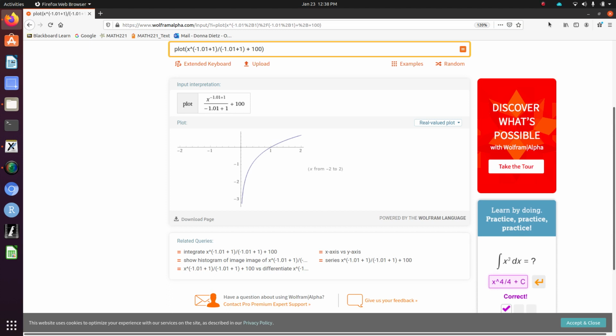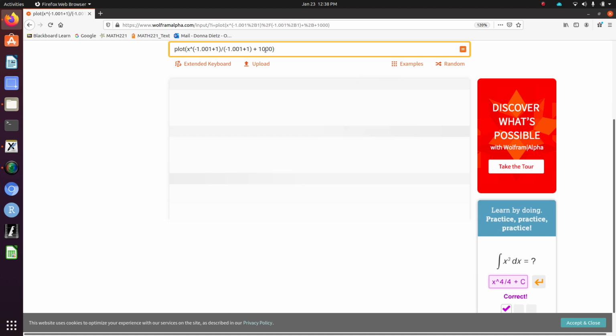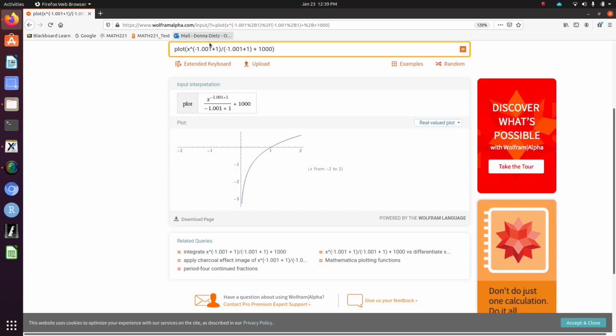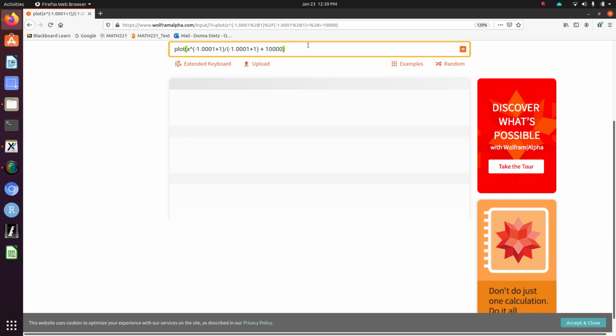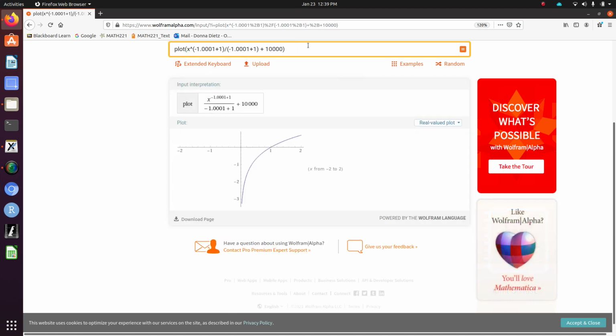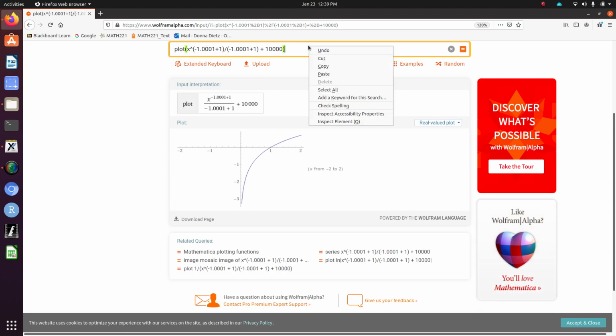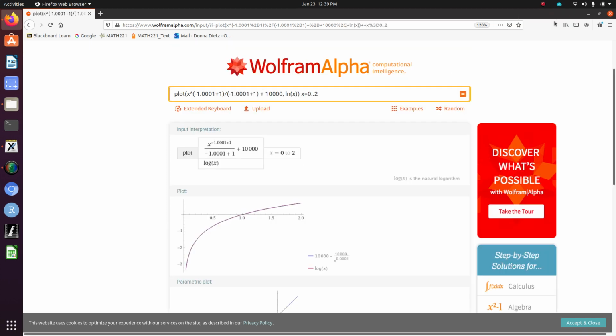Every single time I add another 0 inside here, I have to add another 0 here, and that fixes the constant of integration problem. And this thing looks more and more like the graph of natural log, like we expected. This is all just to show you that calculus is not in fact broken, and that the limit of these functions does go to the natural log. Let's see if I can get them to both plot together. There you go.